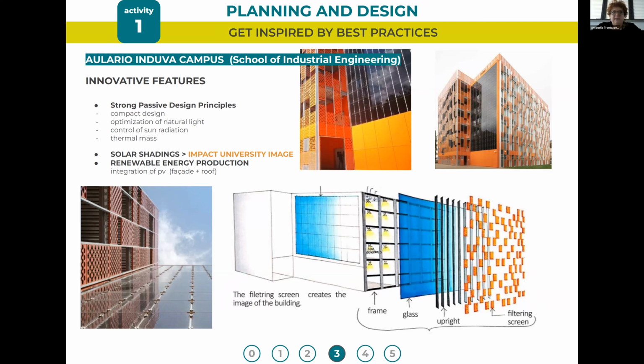But besides, the integration of the shading device allows a new benefit for the building because of the reduction of heat gains during the summer season. So it is a passive cooling strategy, and they can take benefit during the summer season. It is a direct benefit of the double skin facade, introducing this kind of element.